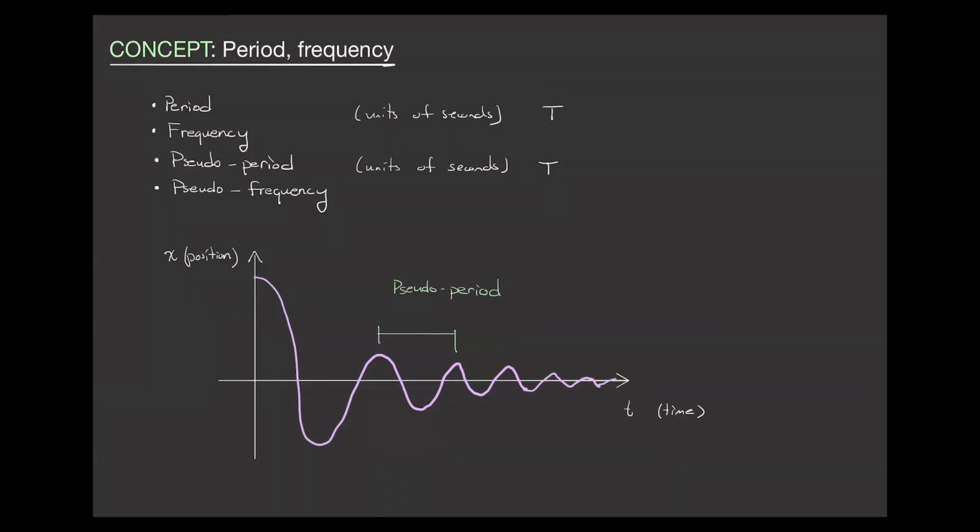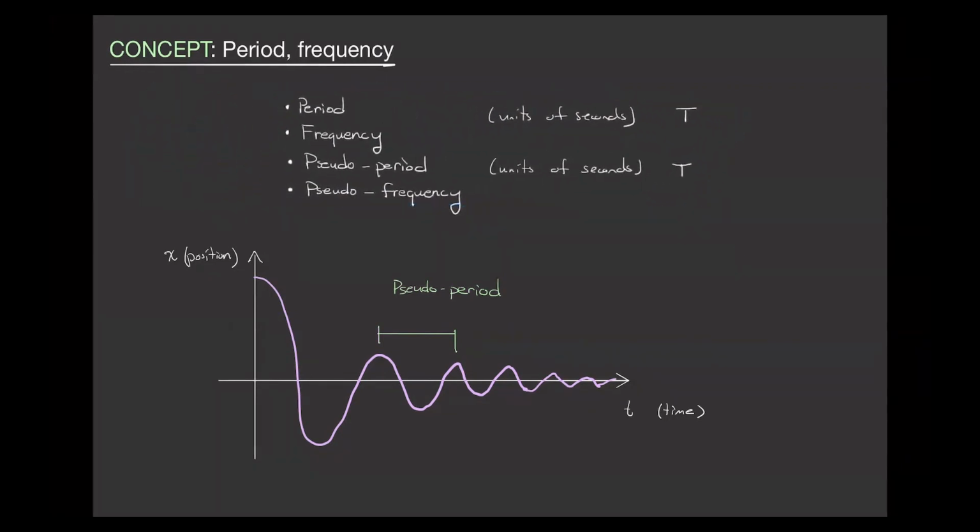So if we had undamped, we would talk about period and frequency. And if we have underdamped, but not undamped, then we have pseudo period and pseudo frequency. So this is undamped.